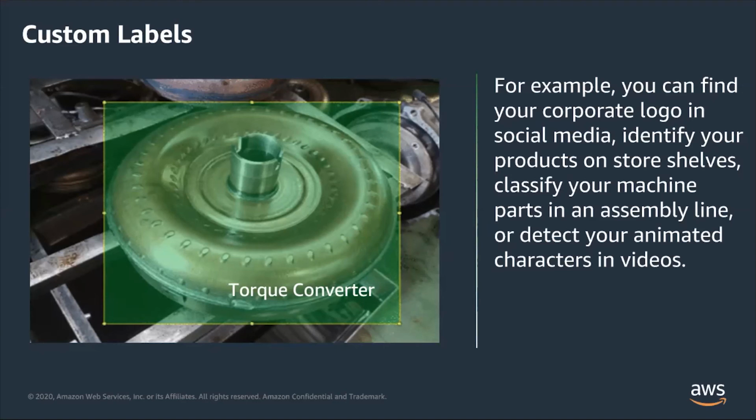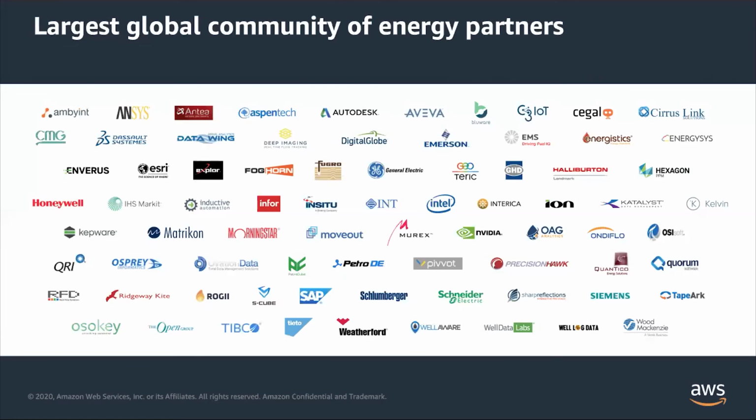And then finally, we have a huge global community of energy partners. I mentioned a few earlier, like Onica and ClearScale and Moxa, for example, but you see here, there are many, many more in a wide range of industries, like IoT, compute, monitoring, all kinds.